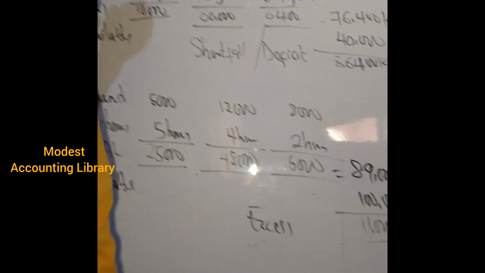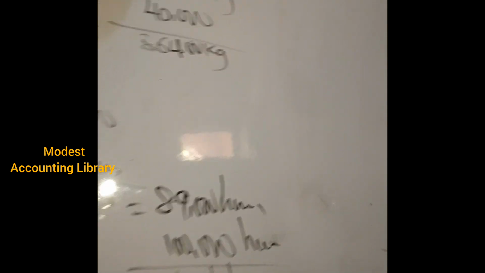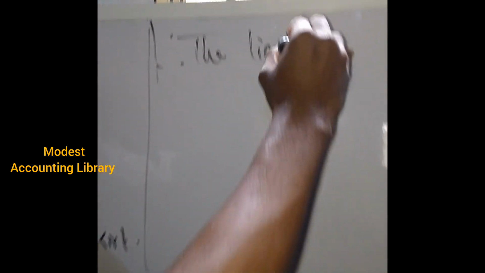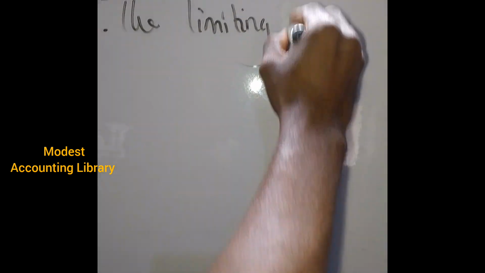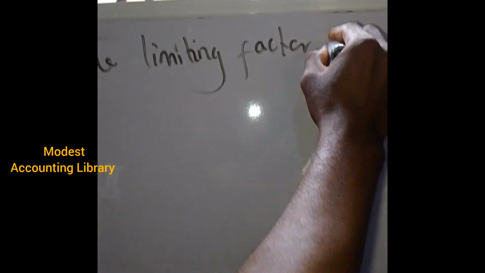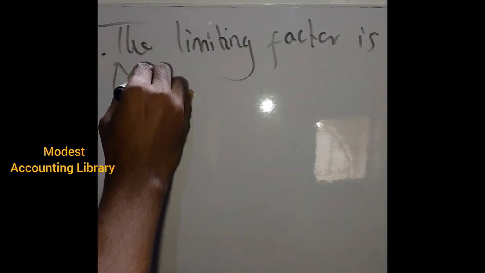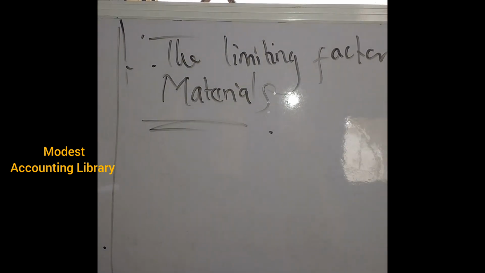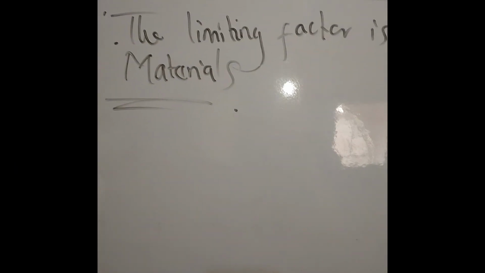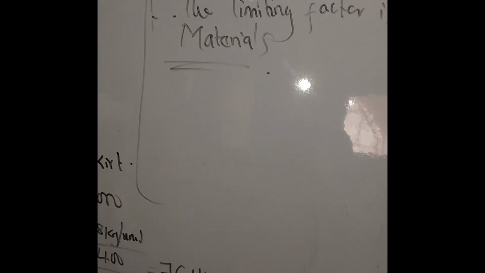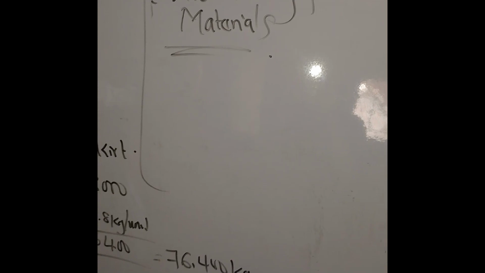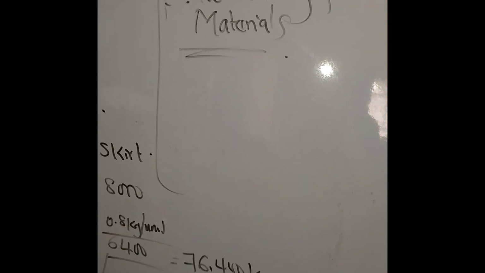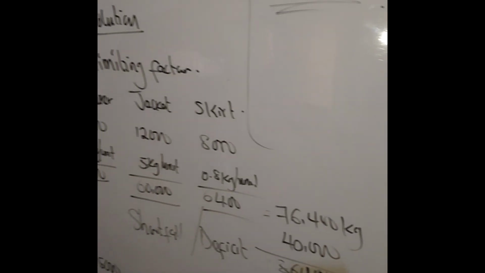So to conclude this, I'm going to say, therefore, the limiting factor is materials. Okay? So the limiting factor is material. So that is what the first question is all about. The first question is to help us understand how to calculate the what? The limiting factor. Now we have been able to do this.